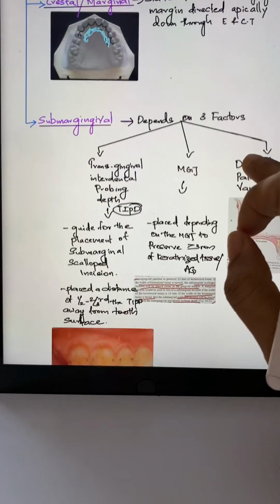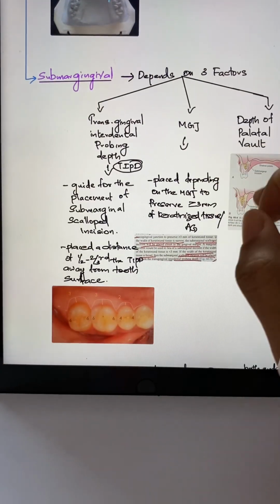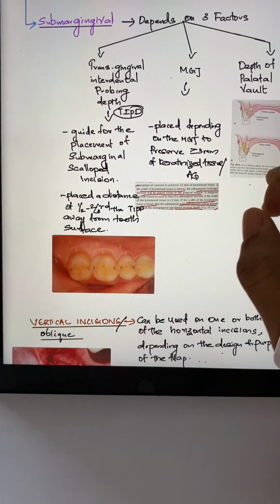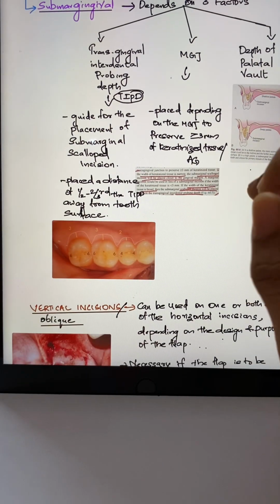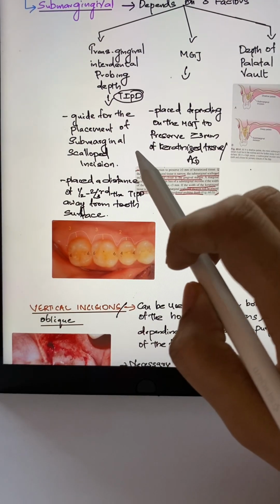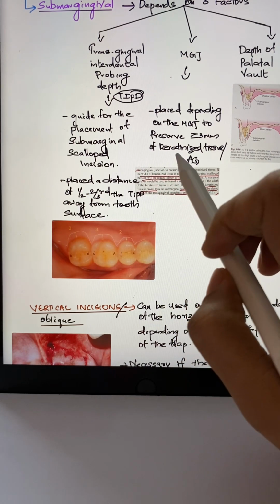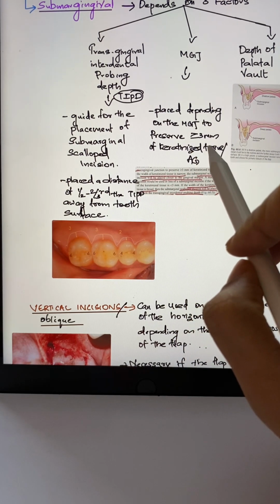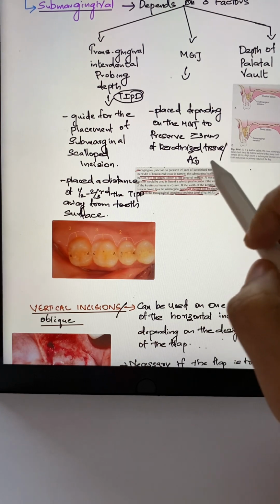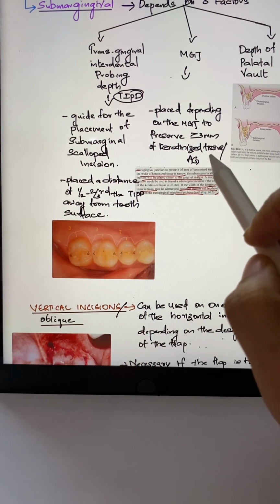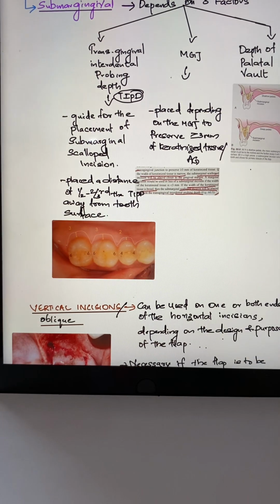And then is the mucogingival junction. This incision has to be placed depending on the mucogingival junction to preserve at least 3 mm or more of keratinized tissue, or indirectly we can say attached gingiva.